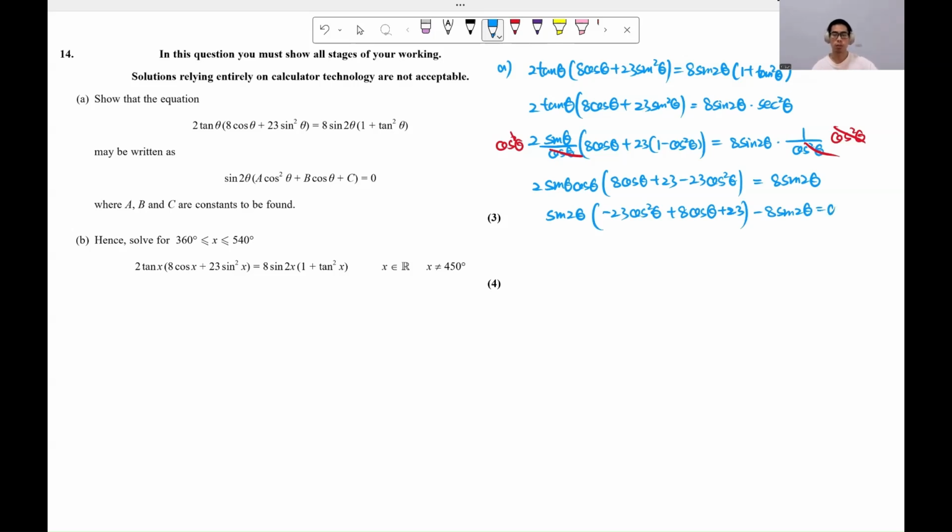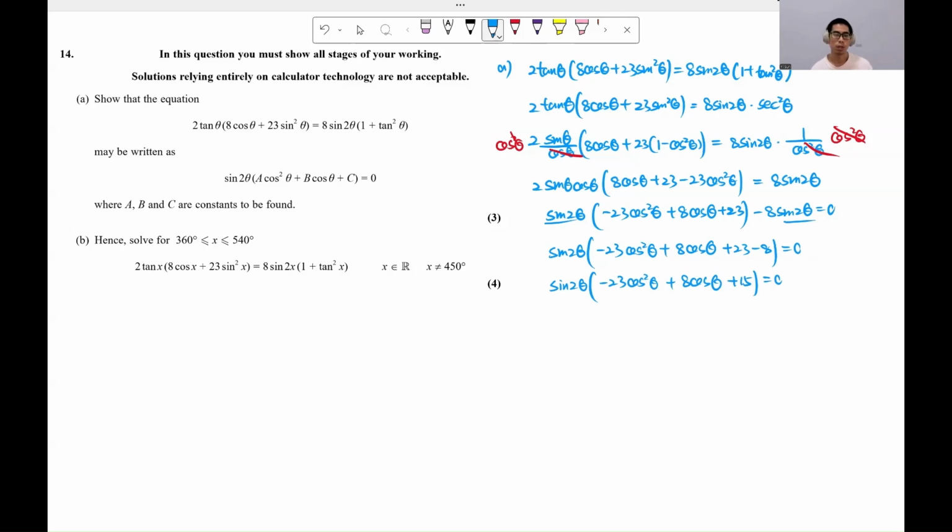Now we have sin 2 theta as the common factor, so we can factorize it out. That gives sin 2 theta times (negative 23 cos square theta plus 8 cos theta plus 23 minus 8), which is plus 15, equal to 0.